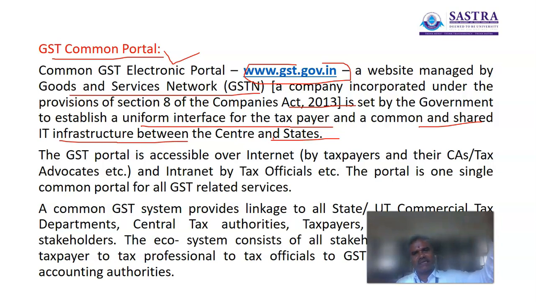There is a portal and a body. Some people are taking care of all network issues. They have a separate format and portal. They communicate with the central and state governments, and all the traders who are eligible to register have to register.